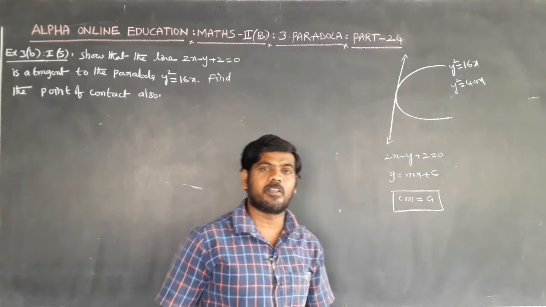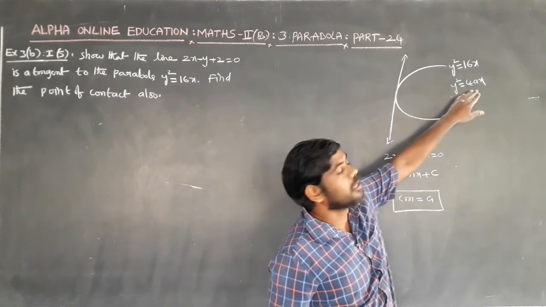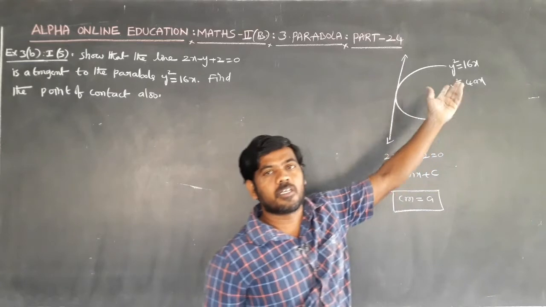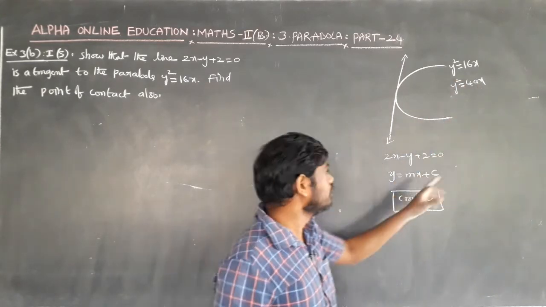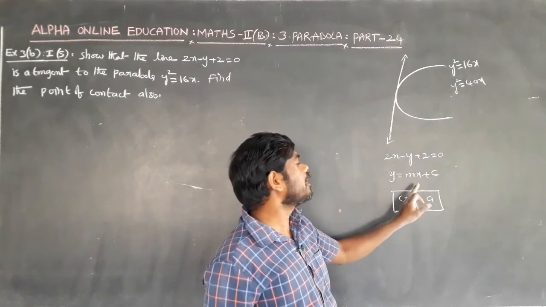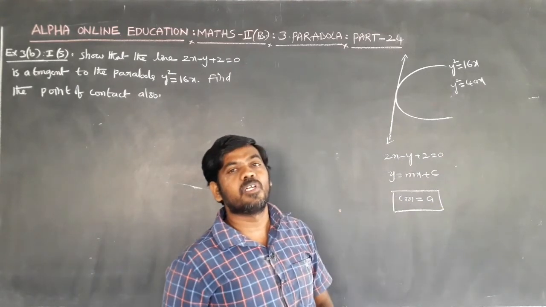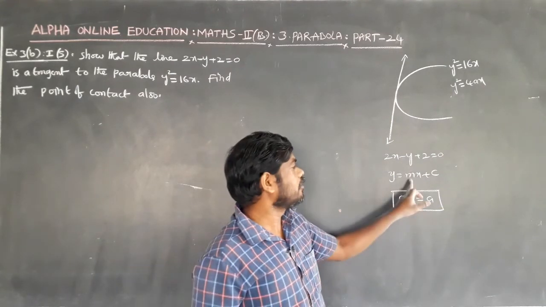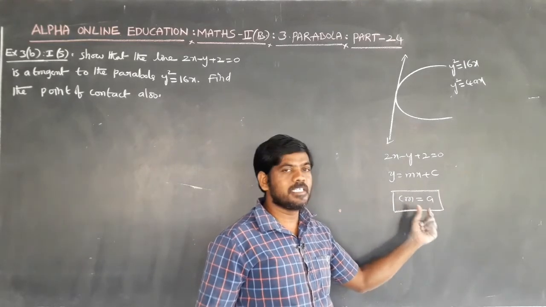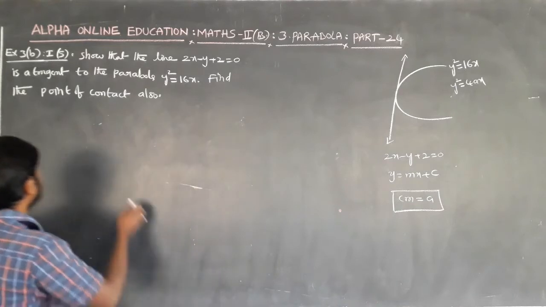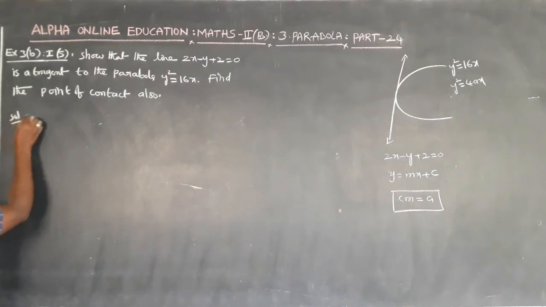So first of all, compare the given parabola with the standard parabola to find the value a, compare the given line with y is equal to mx plus c to find the values m and c, and we prove cm is equal to a.